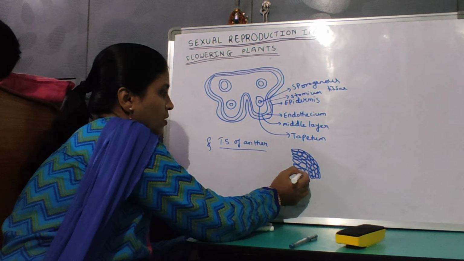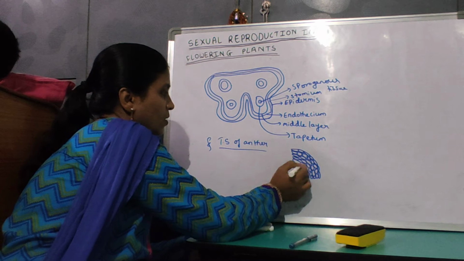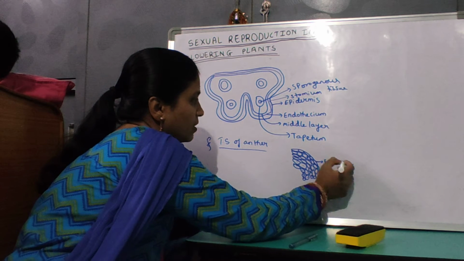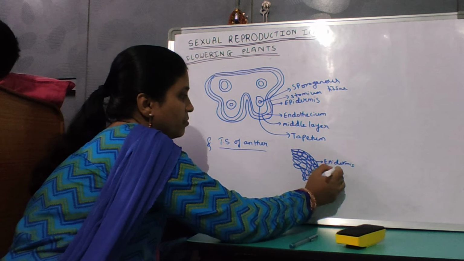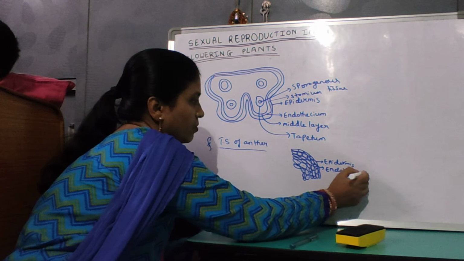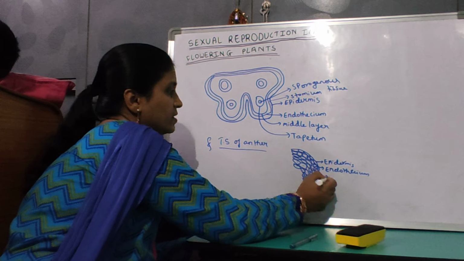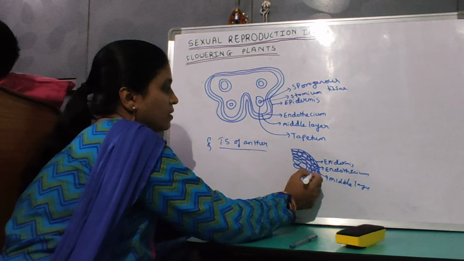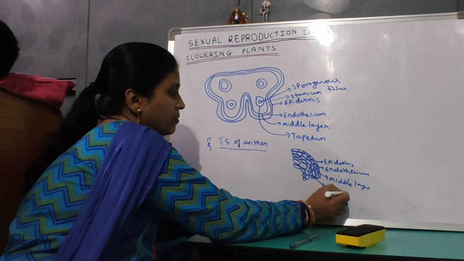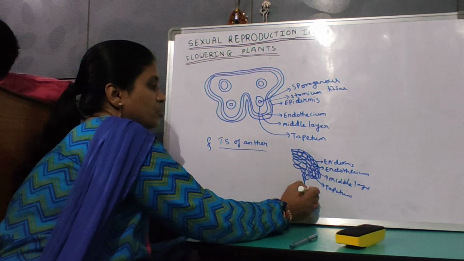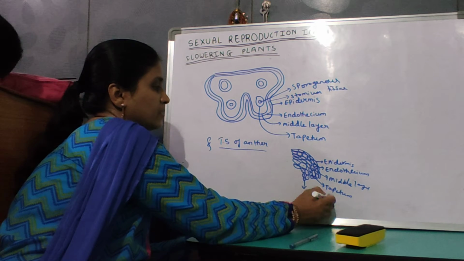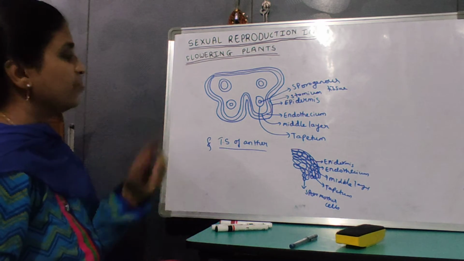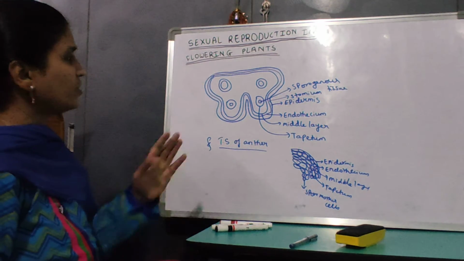This is the epidermis. This is the endothecium. This is the middle layer. Tapetum. These are the microspore mother cells. Okay, this is about the wall layers.